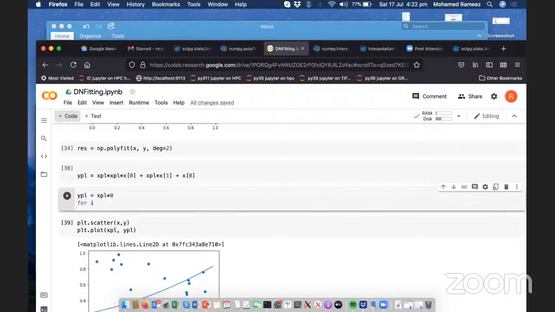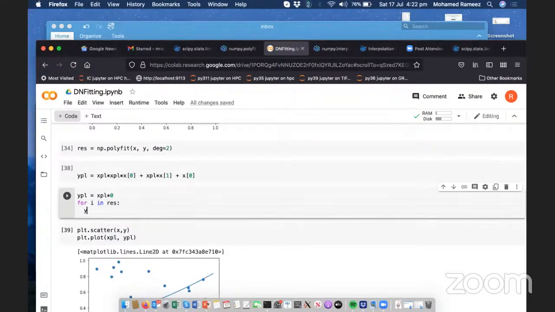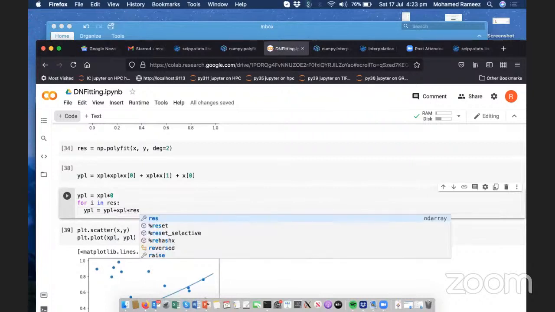For i in res, ypl equals ypl plus xpl star x star.